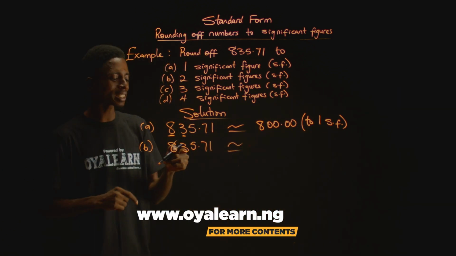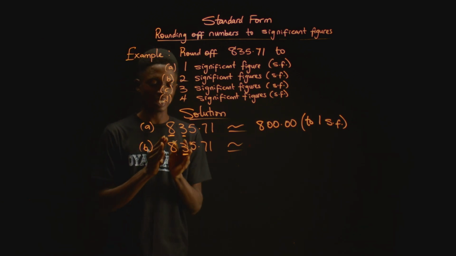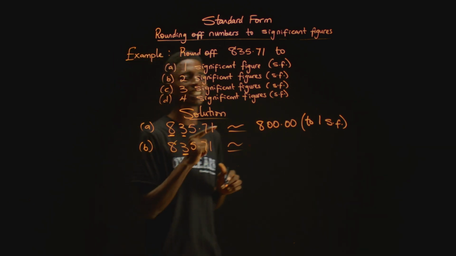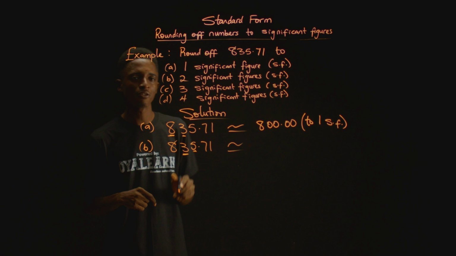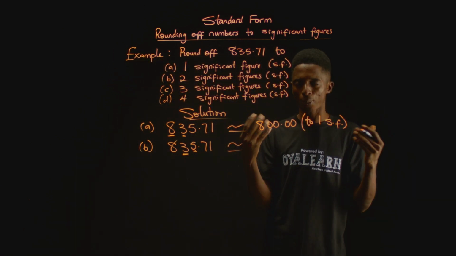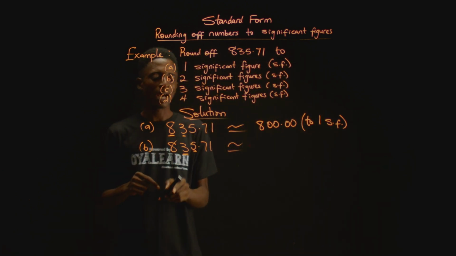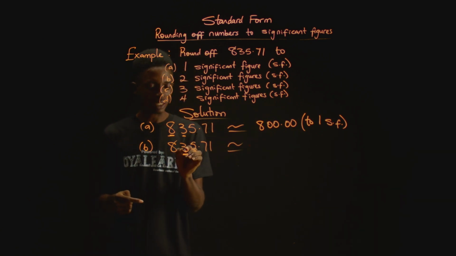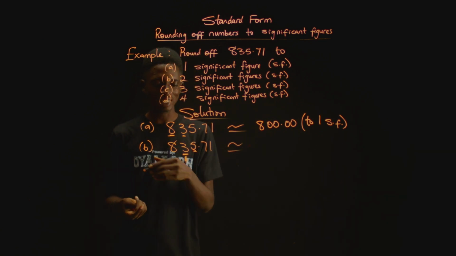Okay? So since this is 3, the digit in our rounding off accuracy point is 3. So we'll then look at the digit next to it. And the digit to the right of 3 is 5, which falls at the value where we round up. Therefore, we're going to be adding 1 to our rounding off point. So since these are rounding off points, we're going to add 1 here and then make every other thing 0.